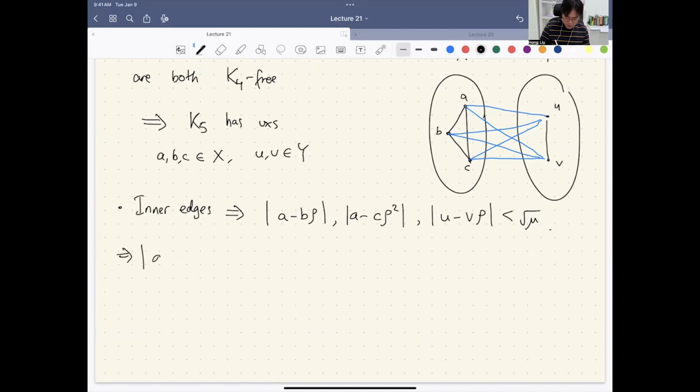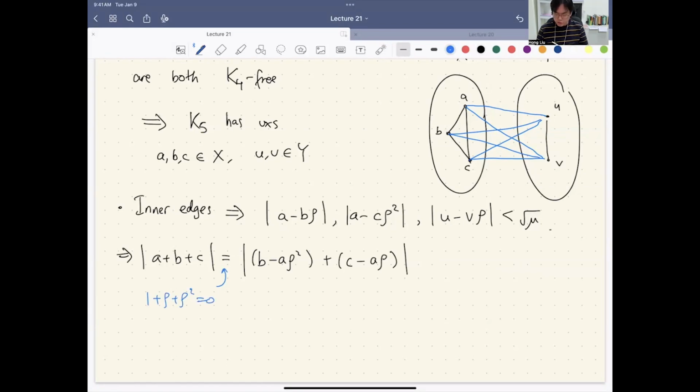This implies A plus B plus C equals B minus A rho squared plus C minus A rho. Okay, why is this true? This is because rho is the cubic root, so it satisfies this, meaning that A equals negative A rho minus A rho squared.